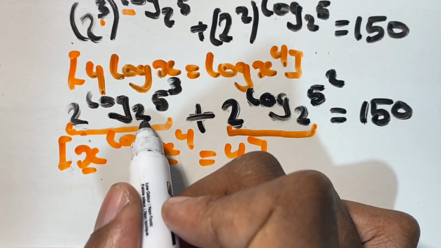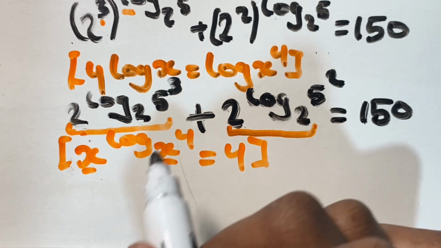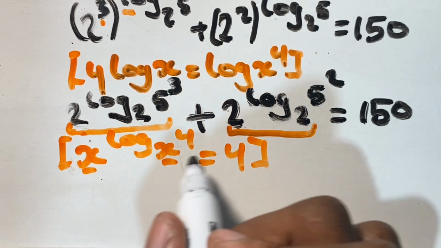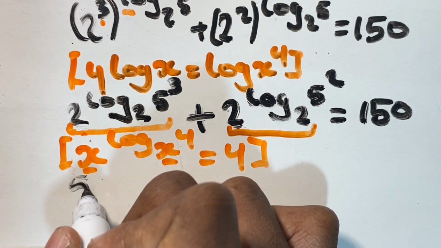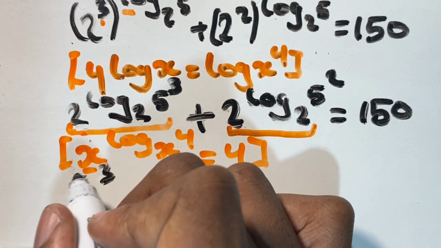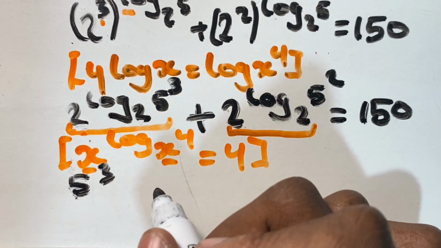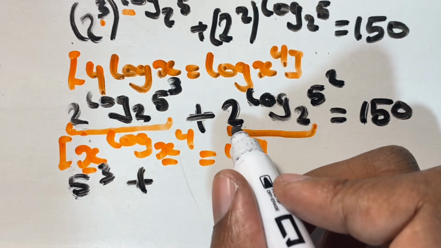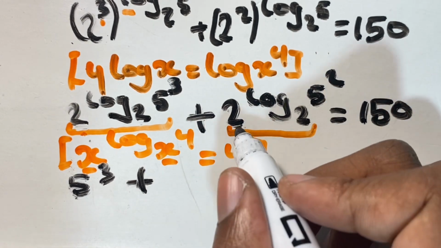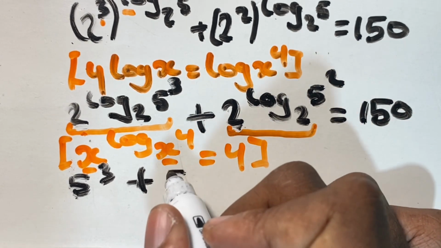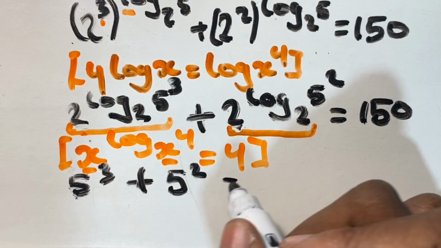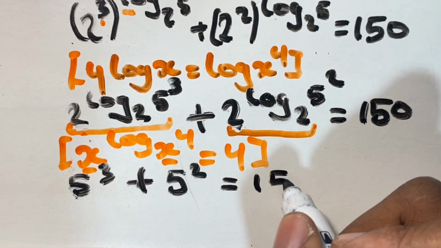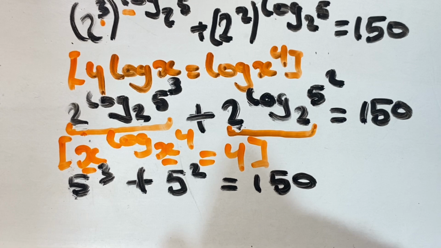So here we have the same base, the 2 and the 2. So we're just going to use the same principle. We have the y. So the y would be the 5 cubed. So we'd have 5 cubed, and we would have that plus, and looking at our 2 to the power of log base 2 of 5 squared, it is the same thing, the 2 and the 2. So we would use 5 squared. So that's 5 cubed plus 5 squared is equal to 150.